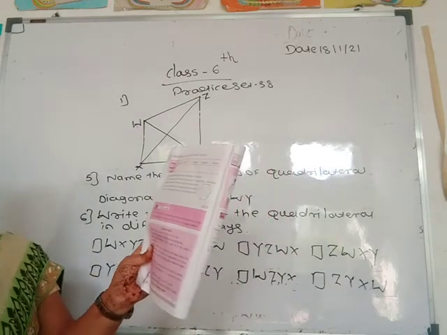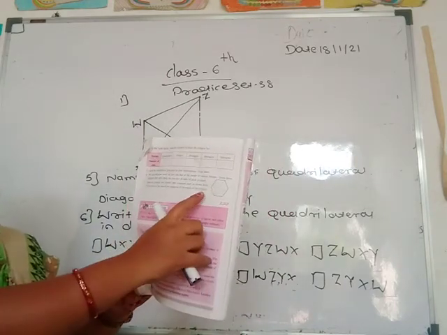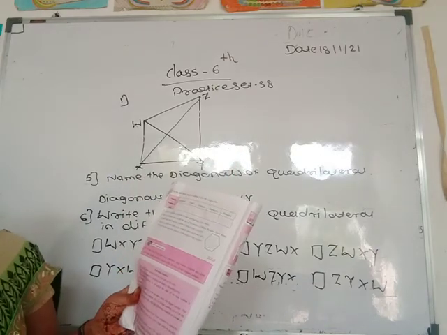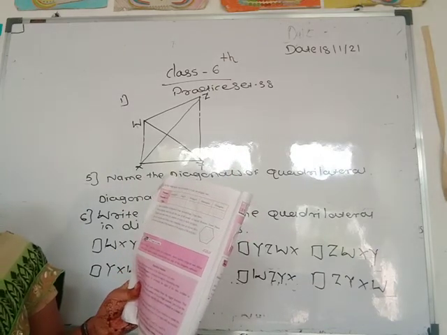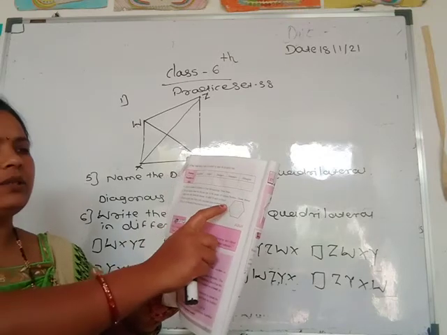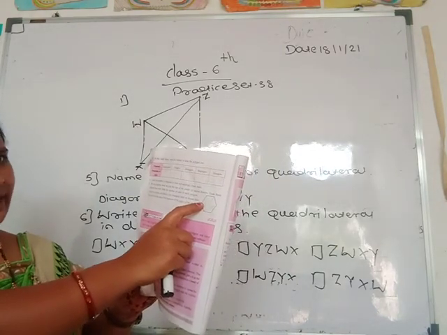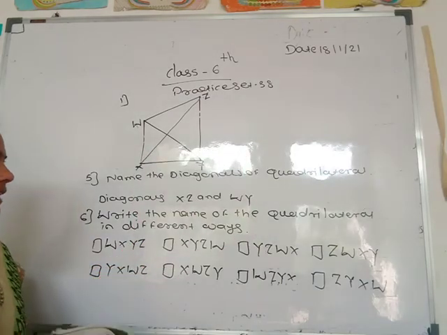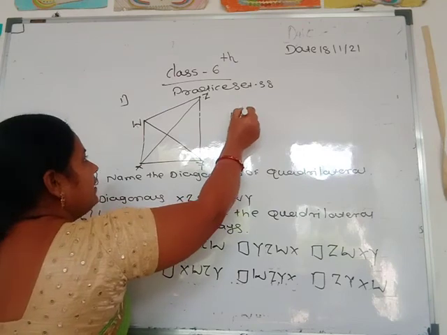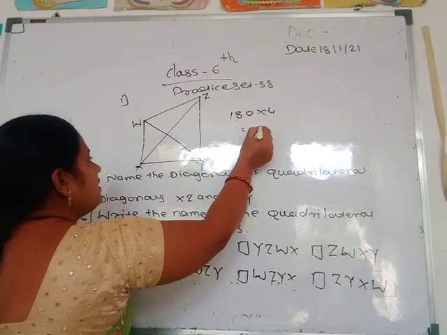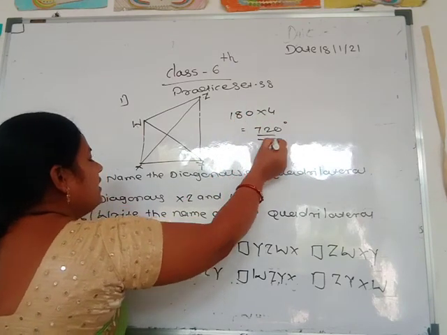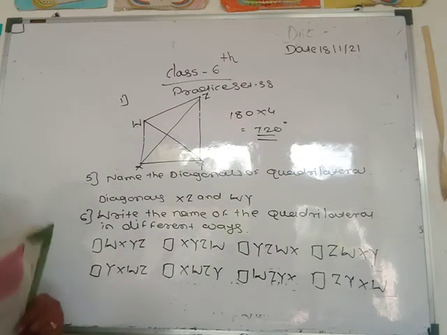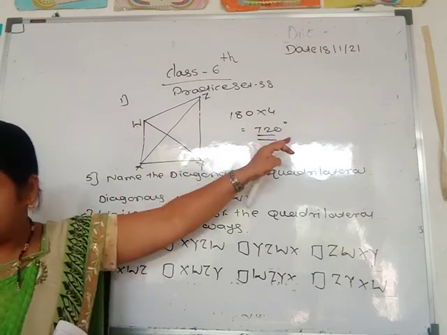The sum of the angles of one triangle is 180 degrees. Four triangles are formed, so 180 times 4 is 720 degrees.